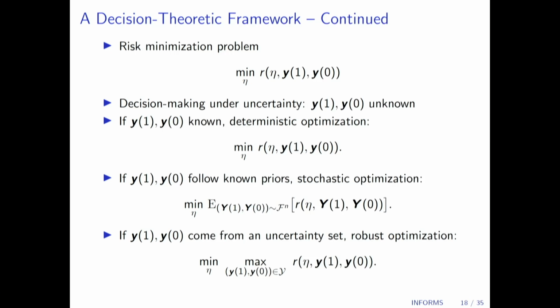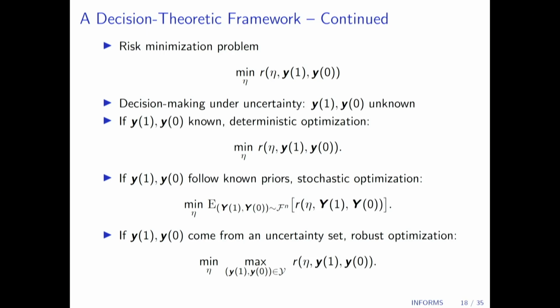Alternatively, we could also adopt a robust optimization framework to look at this question, where instead of examining the y's by assuming a prior on the y values, we are now minimizing the maximum risk of this risk function, where we postulate an uncertainty set.